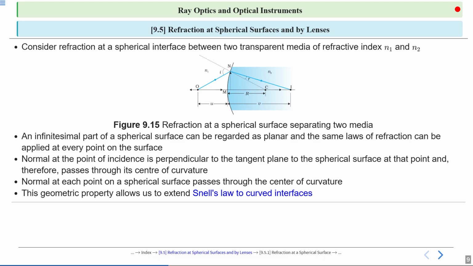We draw the tangent at that point and the normal to it. We don't even have to draw the tangent; we draw the line joining the point on the spherical surface and the center of curvature. That will be the normal at that point, because the normal always passes through the center of curvature.